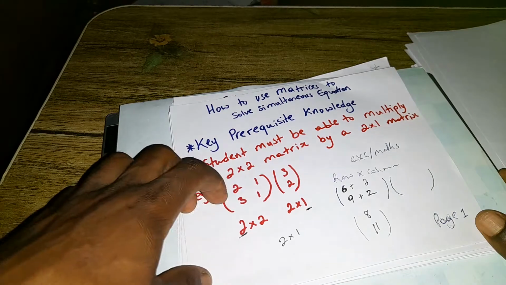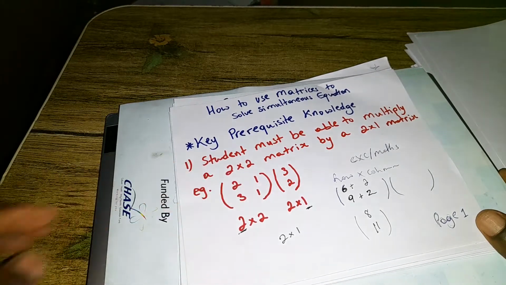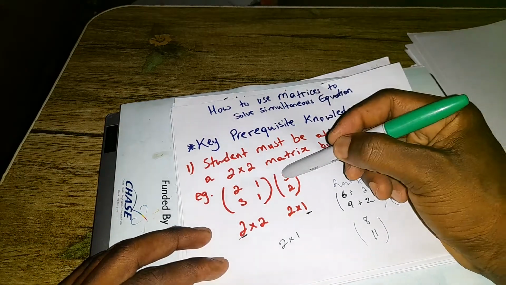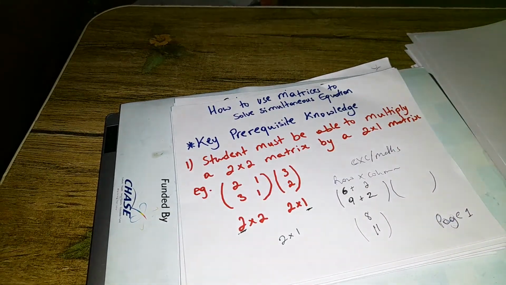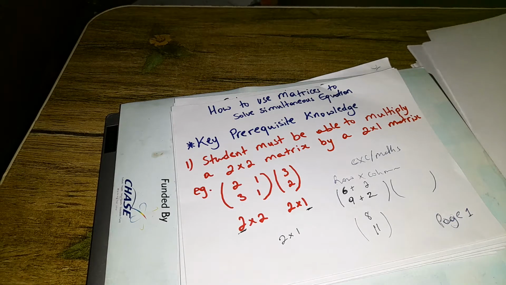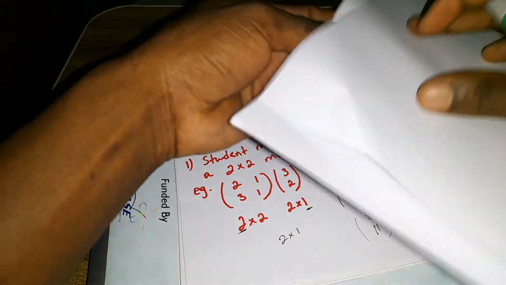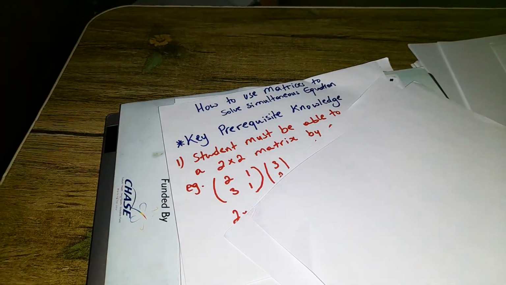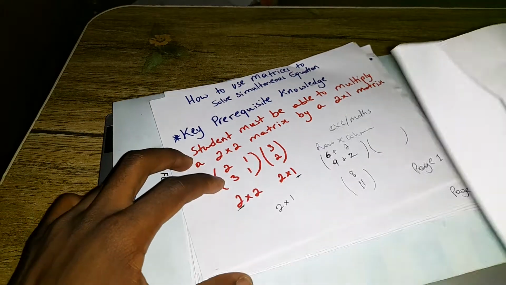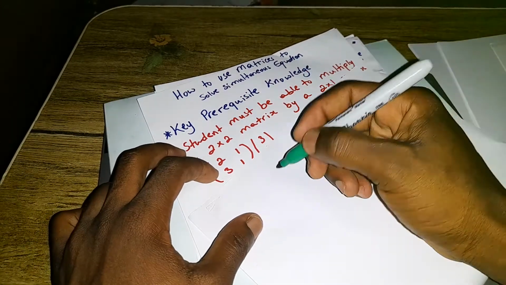And this is a 2 by 1 because there are 2 rows and 1 column. So first and foremost, you must know how to multiply a 2 by 2 matrix by a 2 by 1 matrix. Now, let us quickly get a quick practice, because remember it's a prerequisite.